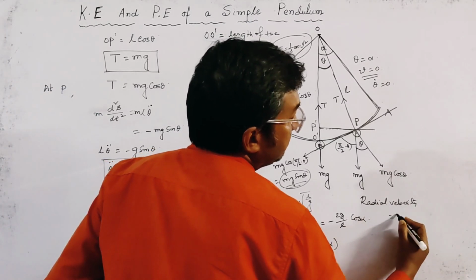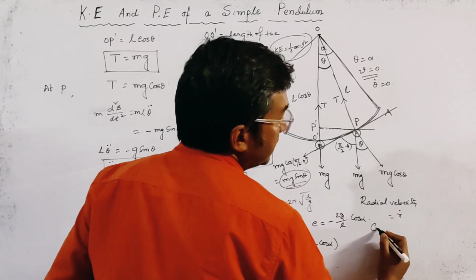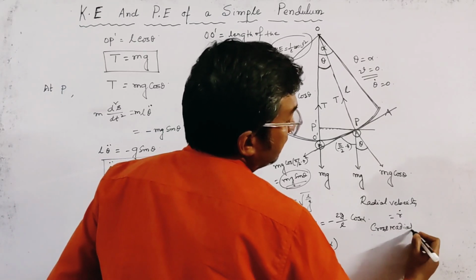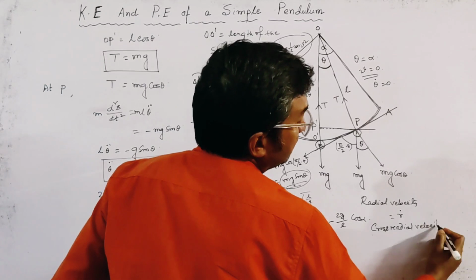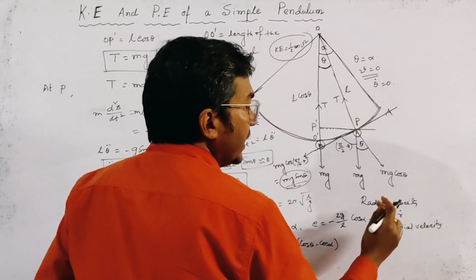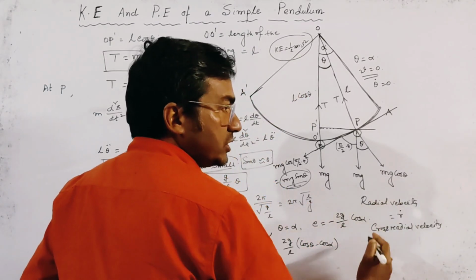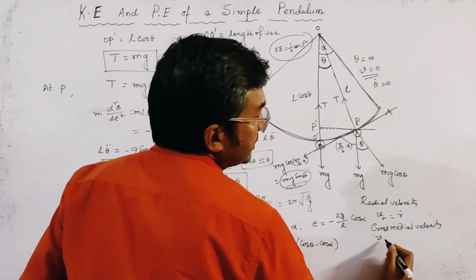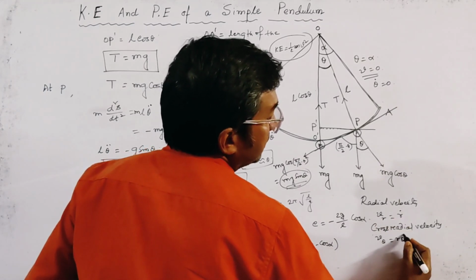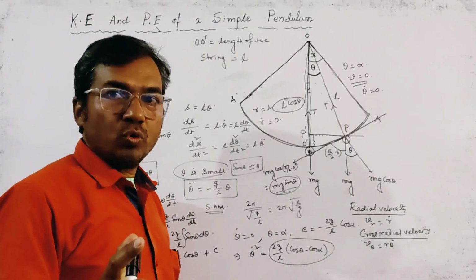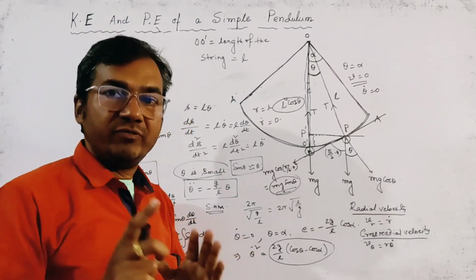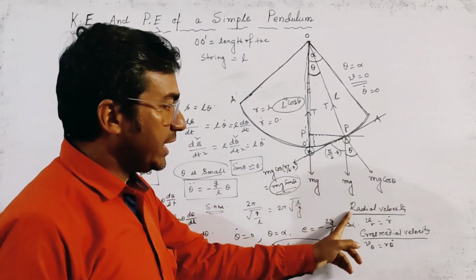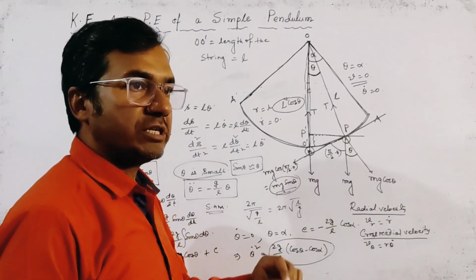Radial velocity is given by r dot, and cross radial velocity. We know that the notation of radial velocity is Vr and cross radial velocity is V theta, which is r theta dot. So we get the resultant velocity of the particle at the point P by using radial and cross radial velocity.